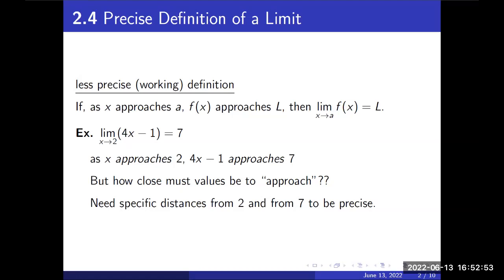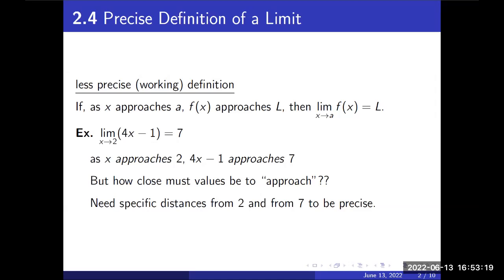So let's look at this specific example. We're going to stay with this simple example for a while, just to build the foundation we need to get to the precise definition at the very end of this discussion. Let's look at the limit of 4x minus 1 as x approaches 2.